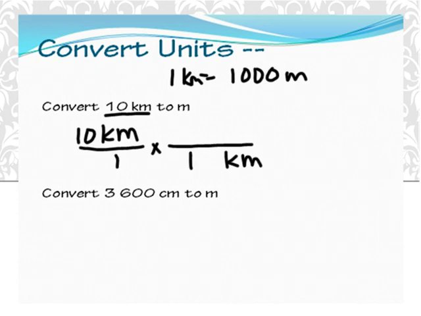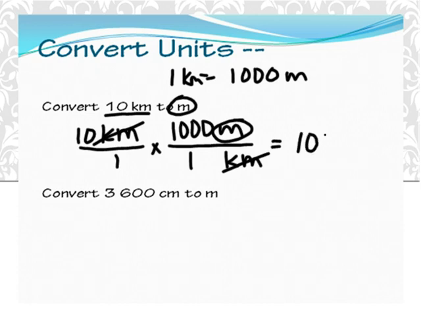So there's 1 kilometer on the bottom, and that equals 1,000 meters. These cancel out. You're left with meters, which is what you're looking for. That's great because you want that on the top of your fraction. And then we'll just get 10,000 meters. You'll note that in many European countries, they do not put the commas in those numbers. And if you're from Germany, you'd put a period in place of commas. So it is different how they write it out.